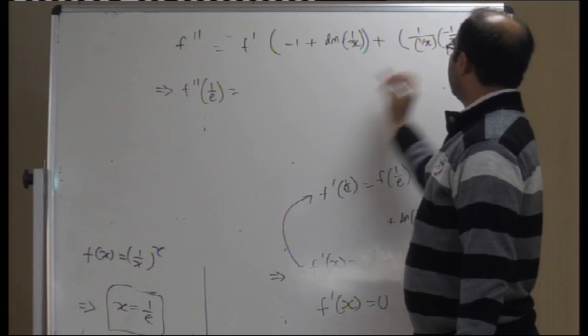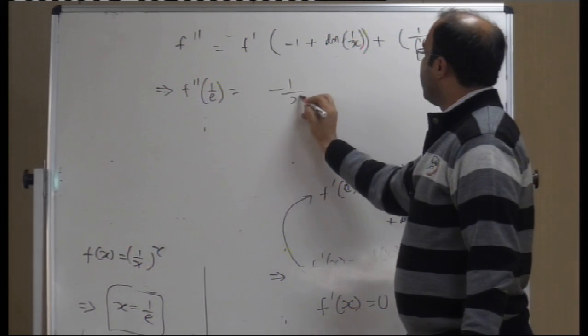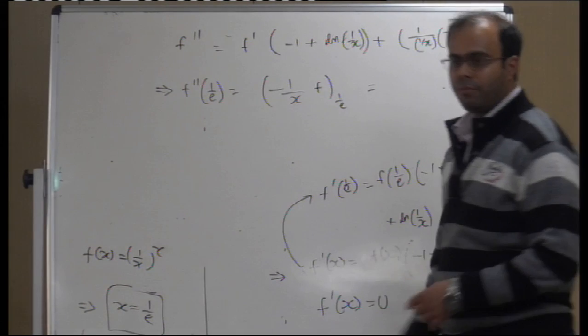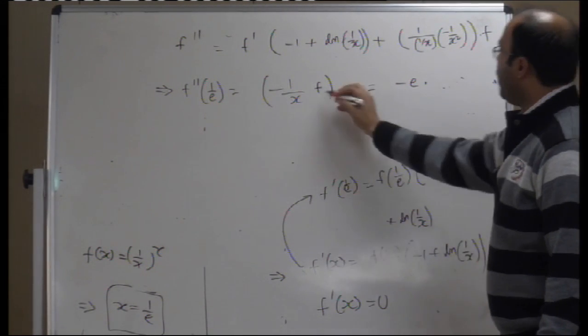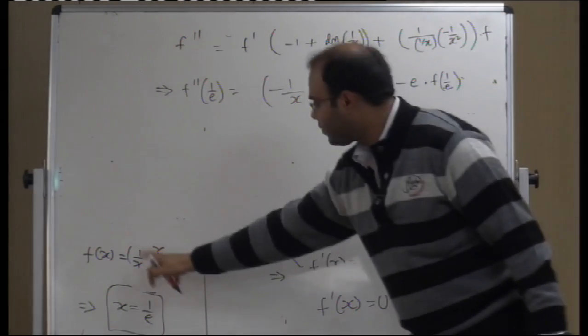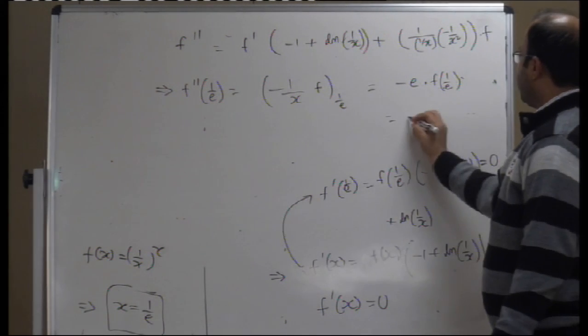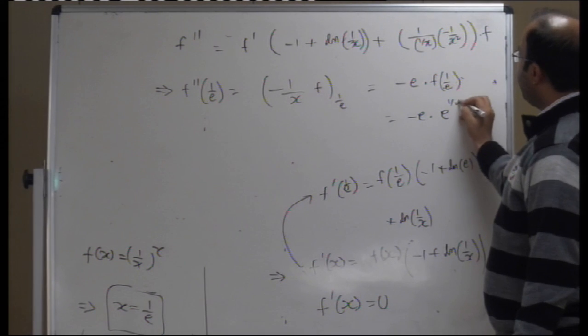Next we will write here minus 1 by x into f at the point 1 by e. When we put 1 by e here, this would become minus e, and f of 1 by e, the function which we have is 1 by x ki power x. So when we put 1 by e there, this would become minus e into e to the power 1 by e.